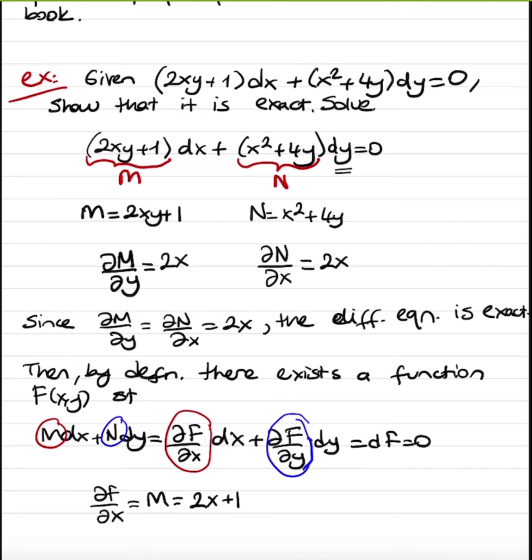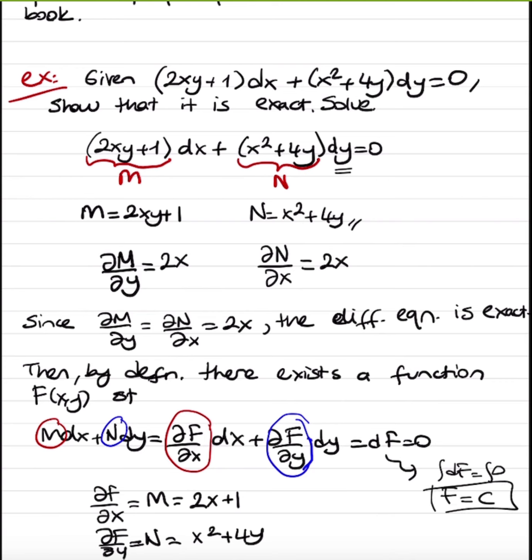Now we also have ∂f/∂y equal to N. What is N in this case? x squared plus 4y. And if df is equal to 0, then once we integrate, f is equal to c is our solution.